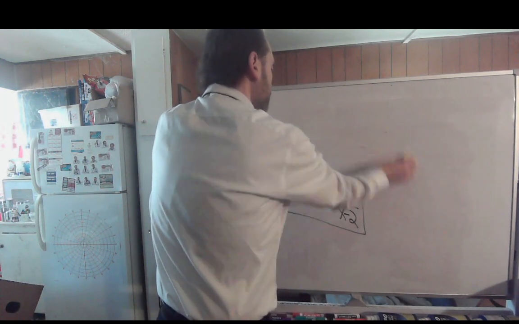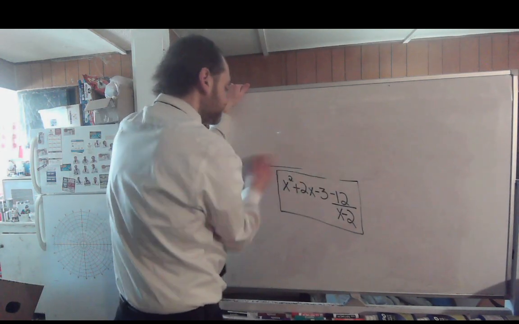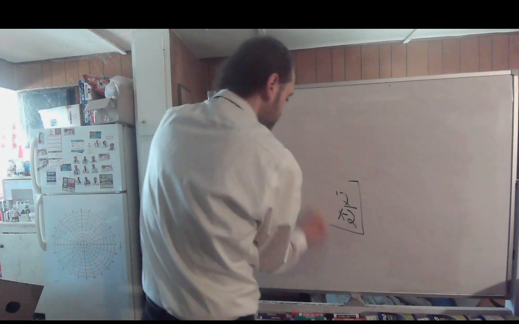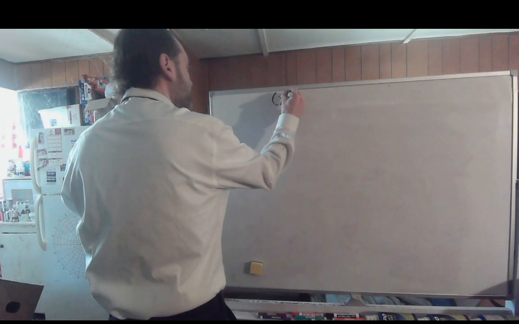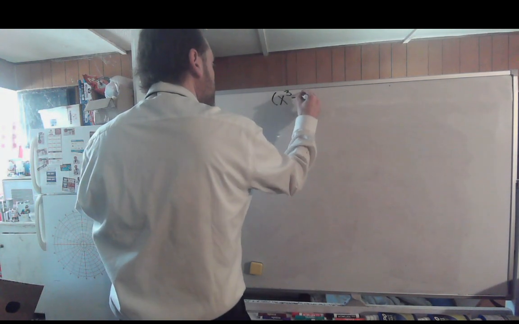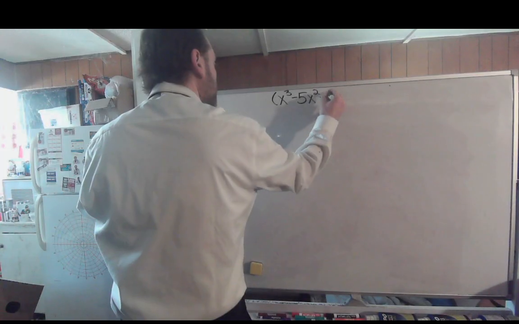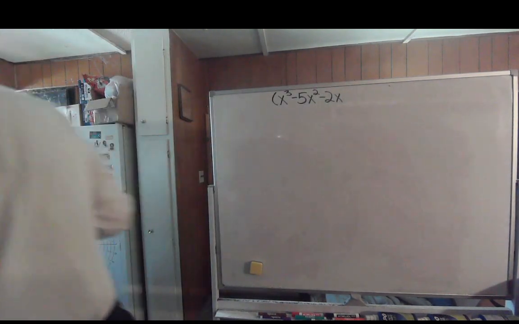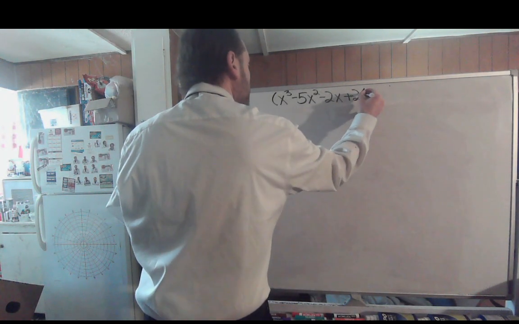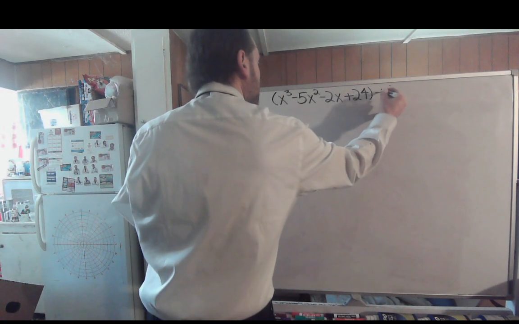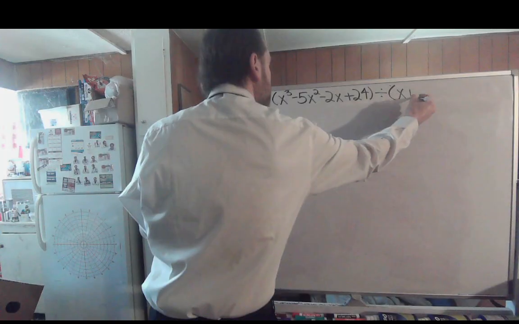Let's do a little bit more here. Now, I'm going to take x to the third minus 5x squared minus 2x plus 24, and I'm going to divide that by the quantity x plus 2.